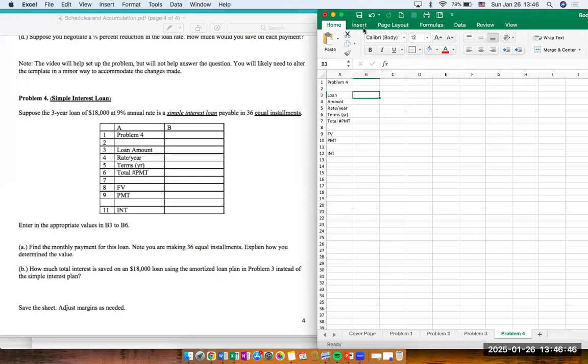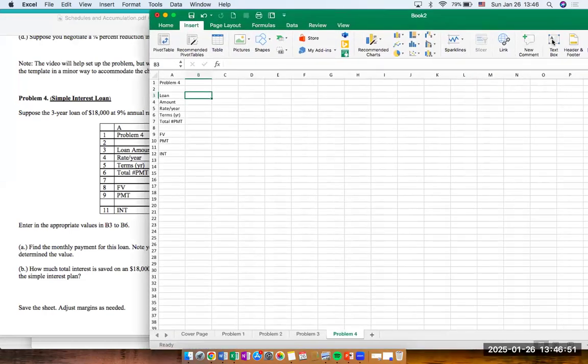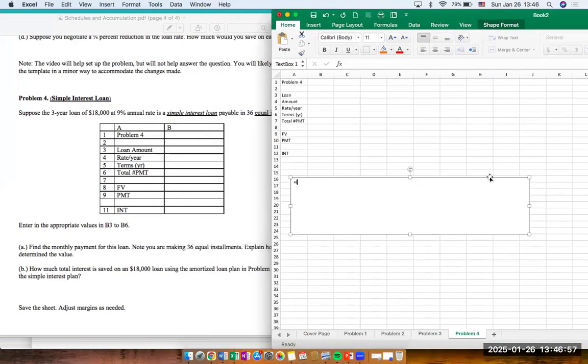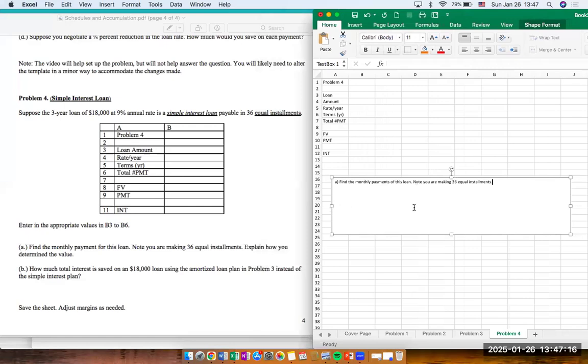So what we are asked to find in some sort of a text box is A, find the monthly payments for this loan. Note you are making 36 equal installments. So explain how you came to this conclusion or came to this value.